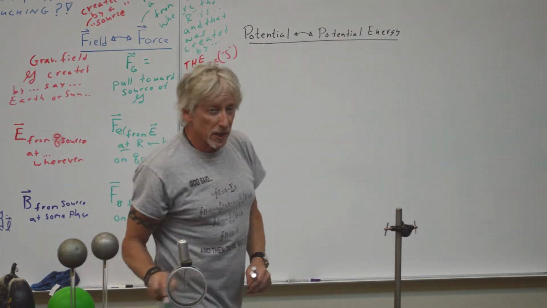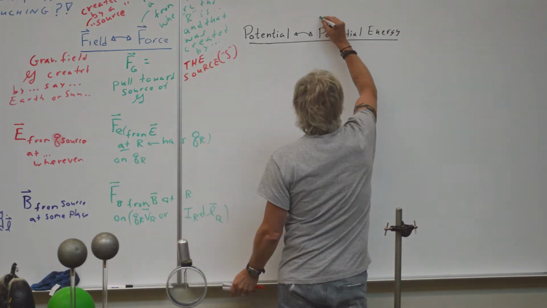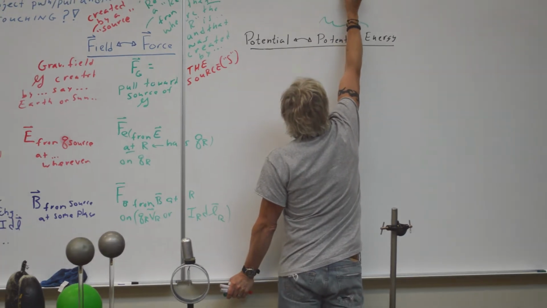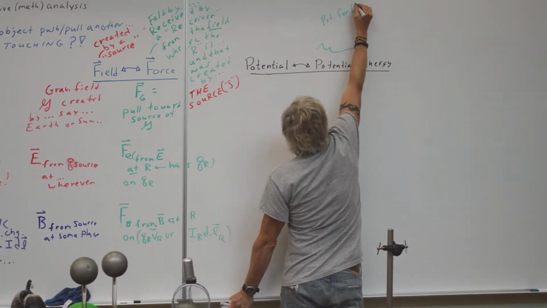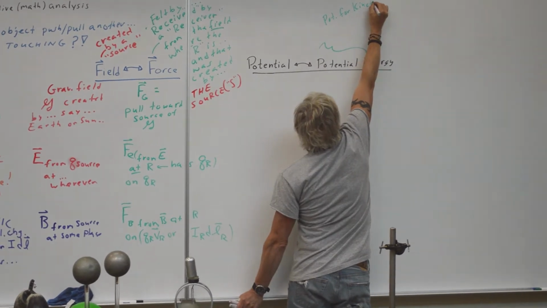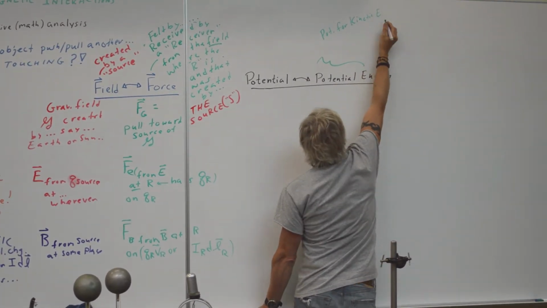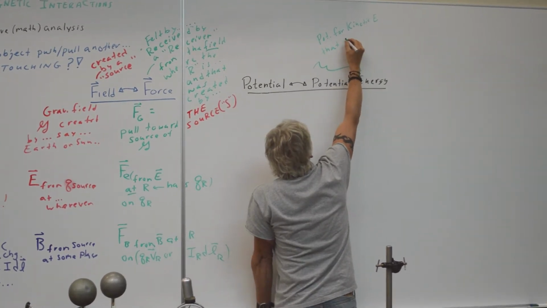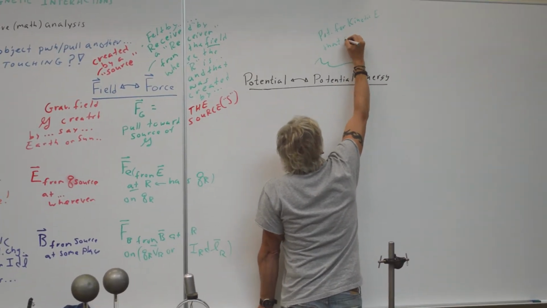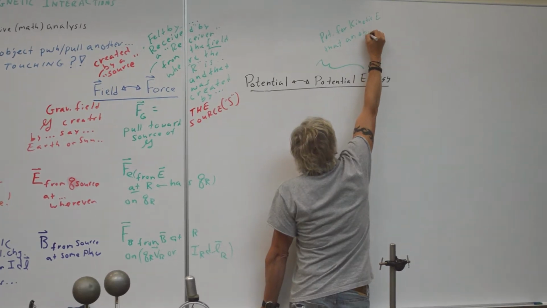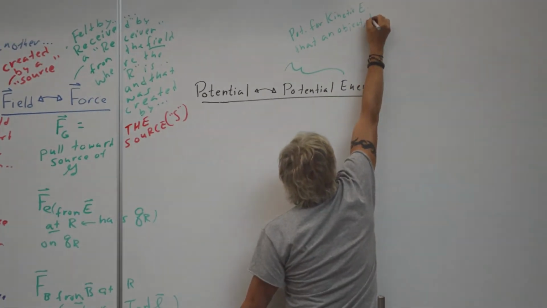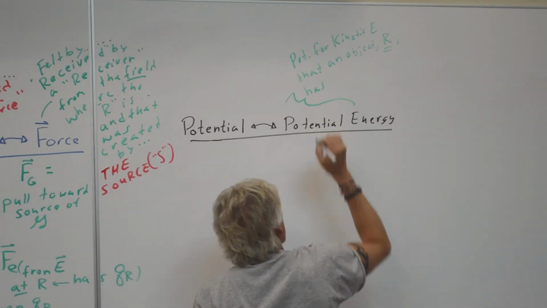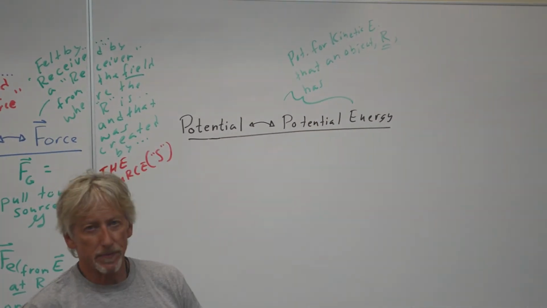Potential energy. This is the potential for kinetic energy that an object R has, the receiver has.